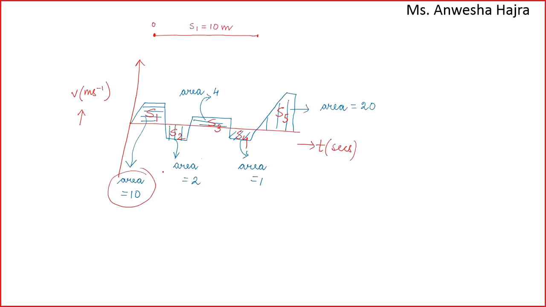Next S2 is 2, but velocity is negative. Negative velocity means the body is coming back. That means I have come back 2 meters. S2 is 2.